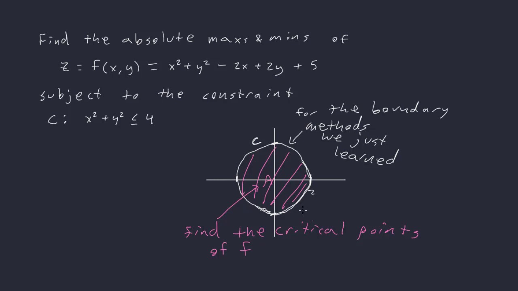And once you find them, you just plug them into F along with the critical points you find on C. Say maybe you find a critical point here and a critical point here, and maybe you find one out here, but you don't have to include that one, and then you find a few on the boundary.